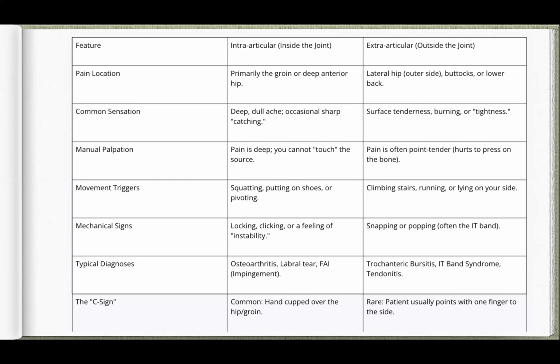Typical diagnosis can be osteoarthritis, labral tear, femoroacetabular impingement in intra-articular; trochanteric bursitis, IT band syndrome, or tendinitis in the extra-articular. The C sign is commonly seen, with the hand cupped over the hip joint in the intra-articular. In extra-articular, it is rare because the patient usually points out with one finger to the side of the pain.